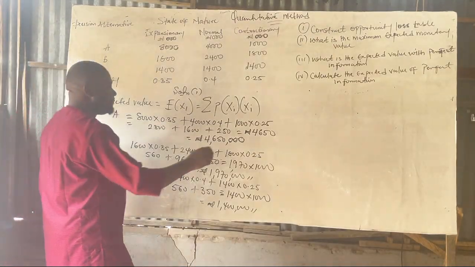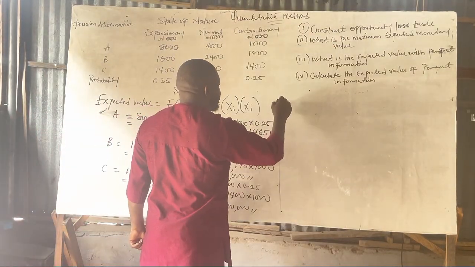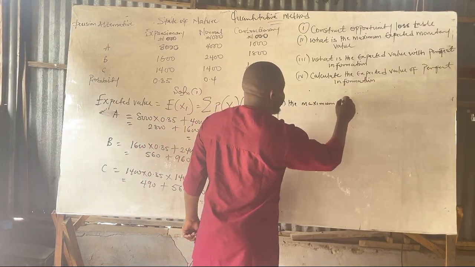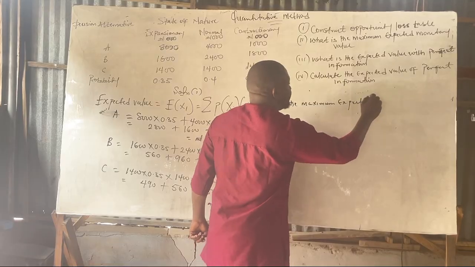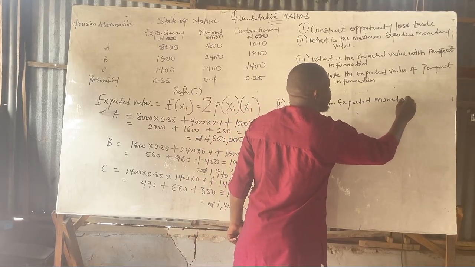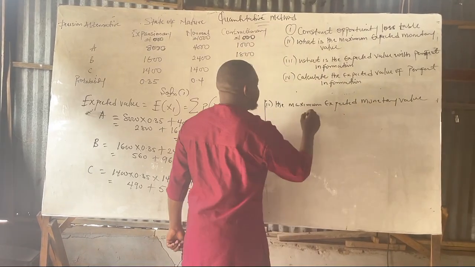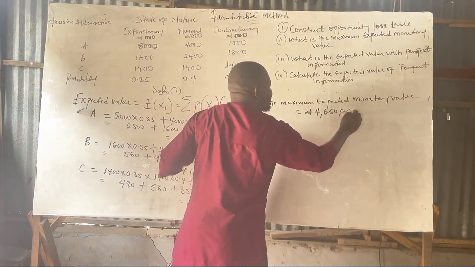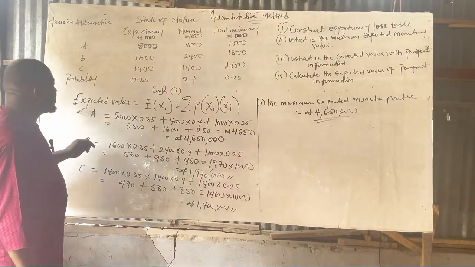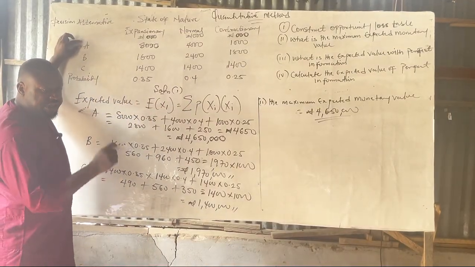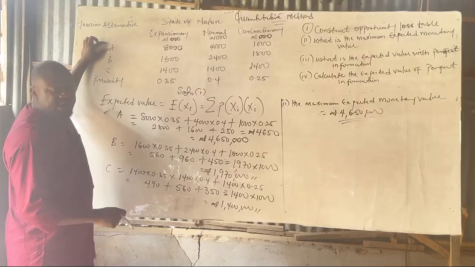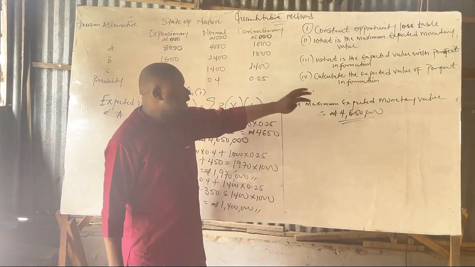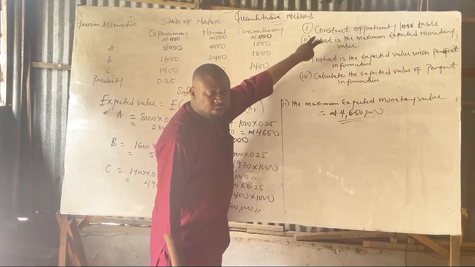So therefore, based on this question, the maximum expected monetary value is how much, class? 4,650. And the decision there is to embark on security A, because it has the highest or maximum expected monetary value. And this is the question I want us to solve.